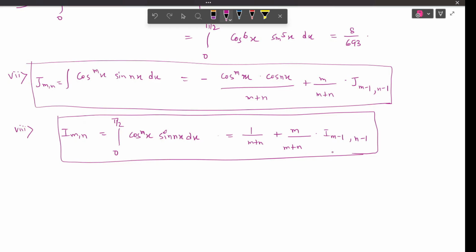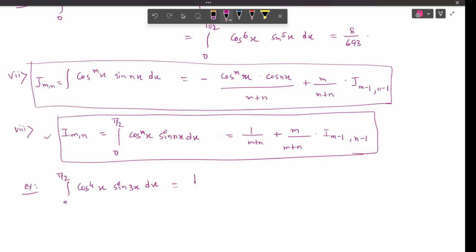Now let us see one example regarding this, so it will be more clear. We have to evaluate integration 0 to pi by 2 cos to the power 4x into sine 3x dx. So this is exactly in the same format. M is 4, n is 3.